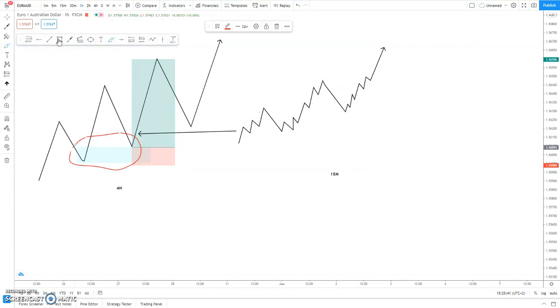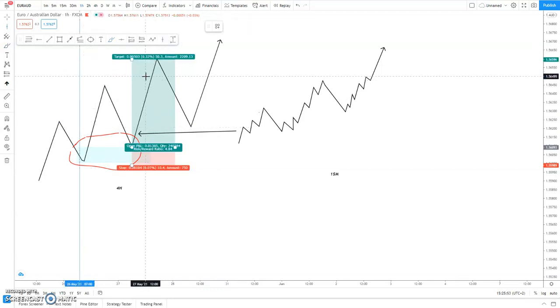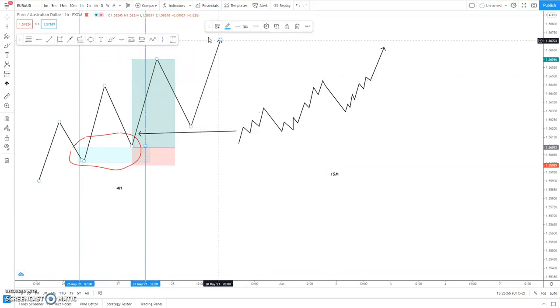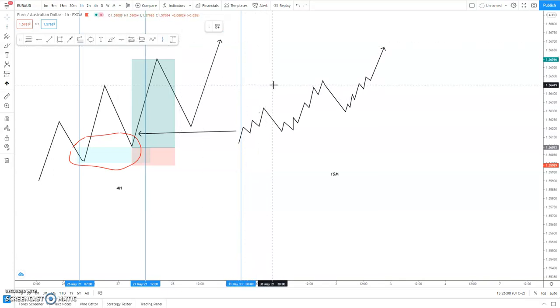What I'm using is, between these two blue zones, let's take it to the peak.